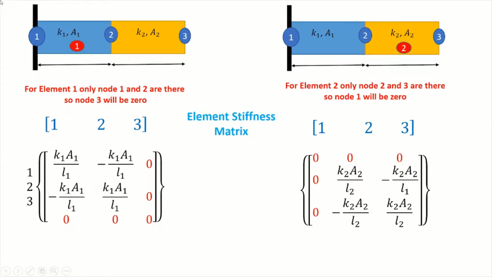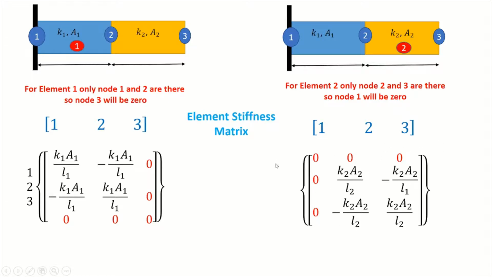Now this is very crucial, which you have to see here. This is my element 1. Element 1's nodes are 1 and 2; the corners are nodes. Element 1 is not sharing anything with node 3, that's why the node 3 entries are 0 here.